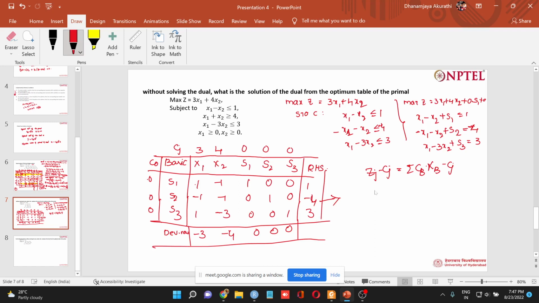So here you can observe that the deviation row entries are negative values. Before, we said that for an unbounded solution, if any of the deviation row values are negative and the RHS also has negative values, that is an indication of an unbounded solution. Any or all of the Zj minus Cj less than 0, then unbounded.